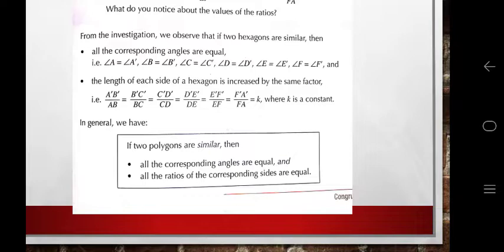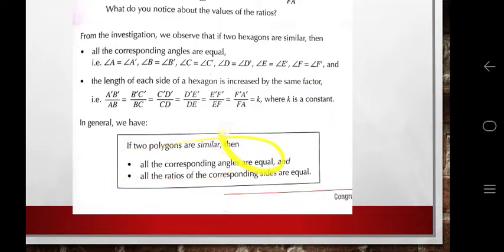Remember back then, when we wanted to determine whether two figures are congruent, we compared the angles, making sure they both have the same angles, and then we compared the size also, the length of the figure. But in similarity, we only compare the angles, because we know the size is not necessarily the same.